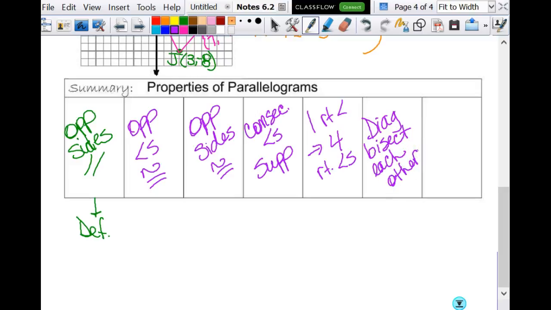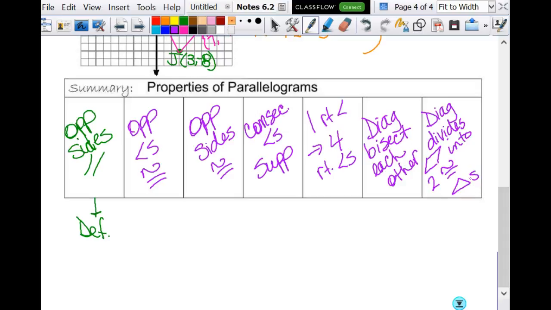All right, and then one more. Somebody hadn't given me something. Very good. 2 what kind of triangles? Congruent. Good. Diagonal divides parallelogram into 2 congruent triangles.